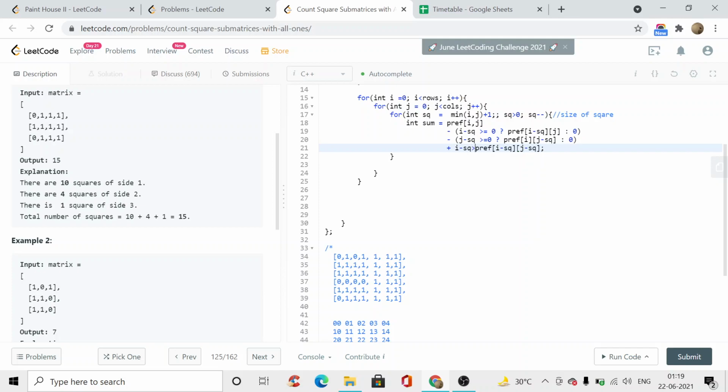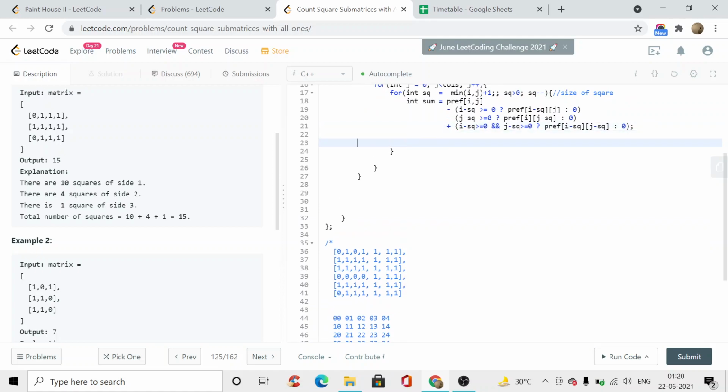I minus SQ is greater than or equal to 0 and J minus SQ is greater than or equal to 0, then this, otherwise 0. So this is the sum that I get.